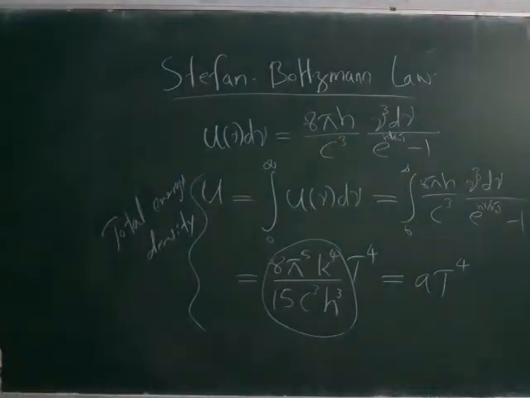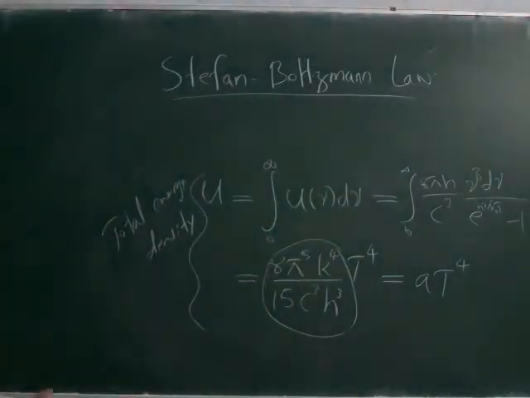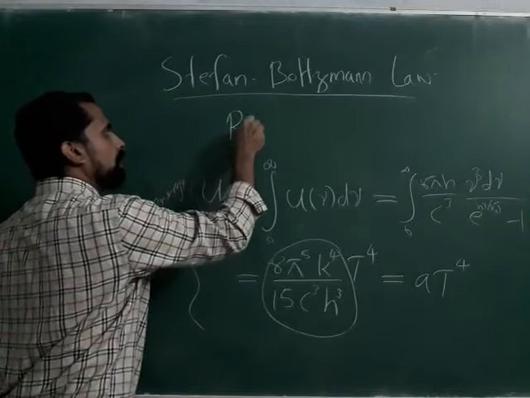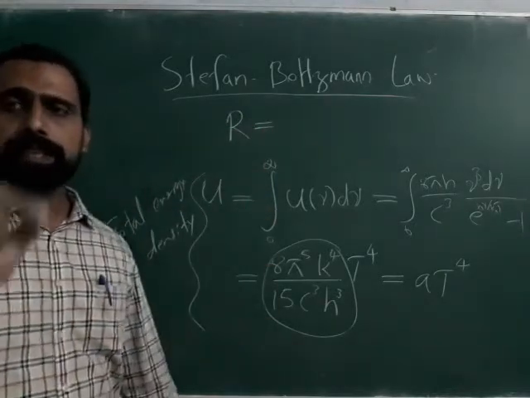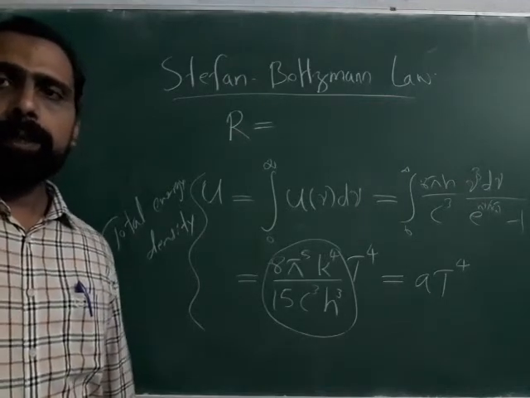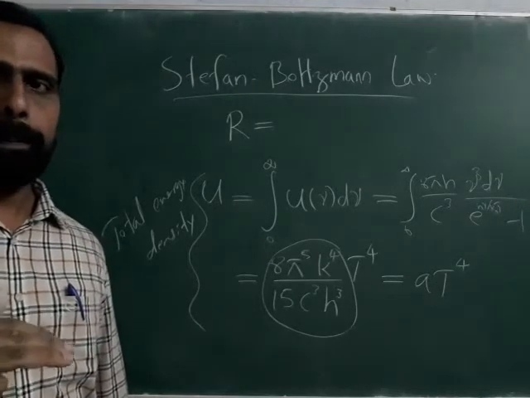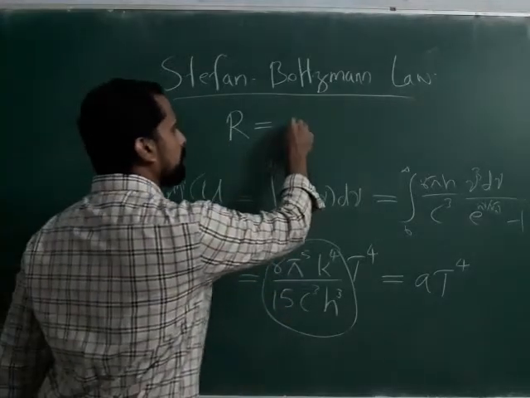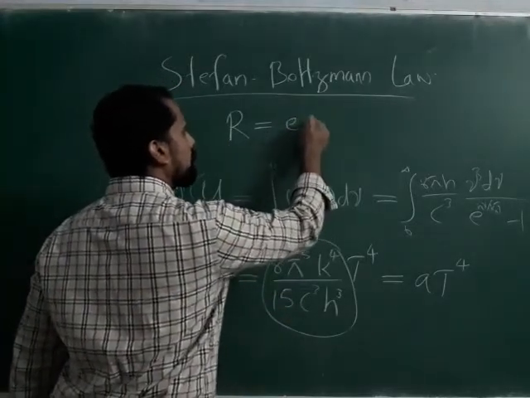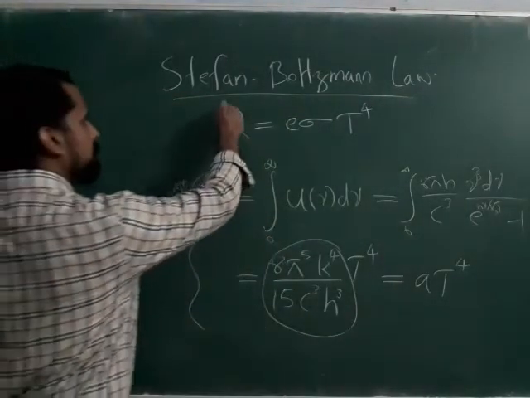So we will write R, which means the energy radiated by an object per second per unit area. So R is equal to E sigma T raised to 4, and this is called the Stefan-Boltzmann law.